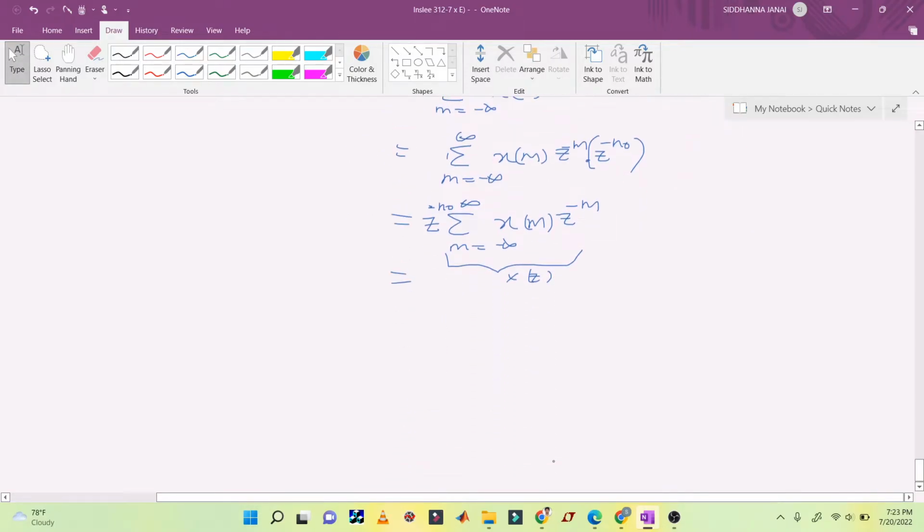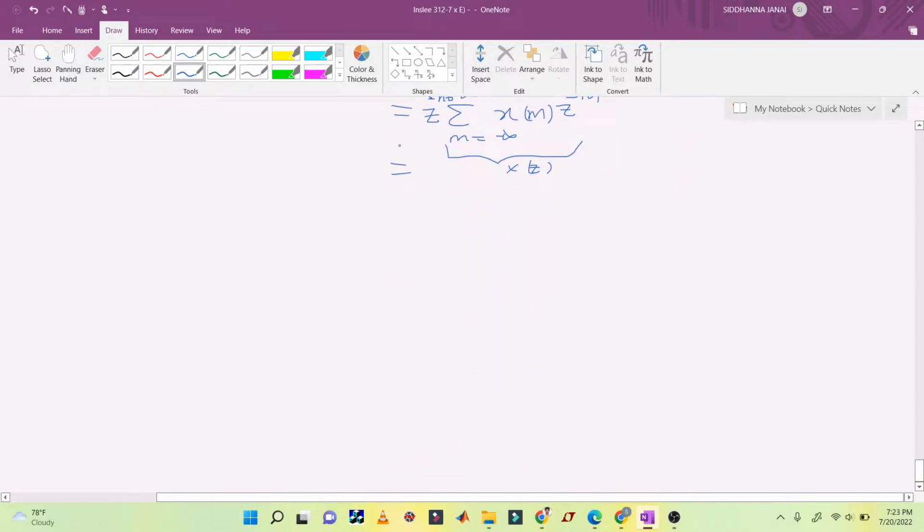That's why the answer we get is z to the power minus n naught multiplied by X(z). That is, the Z transform of x[n minus n naught] is equal to z to the power minus n naught into X(z).